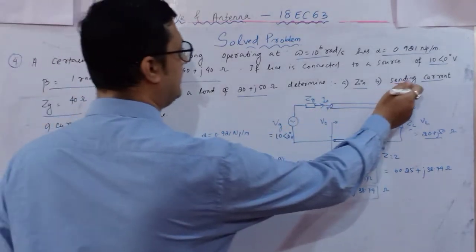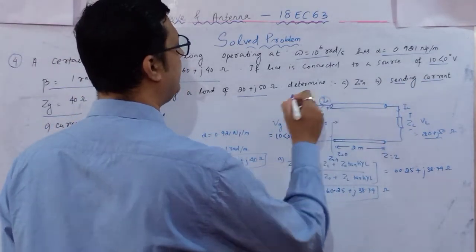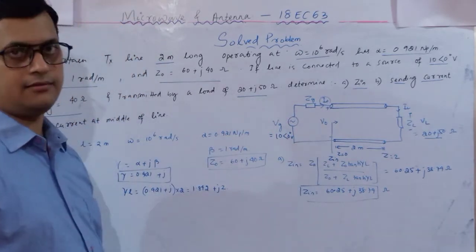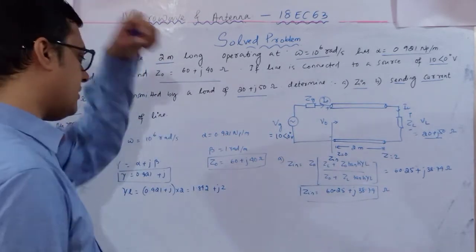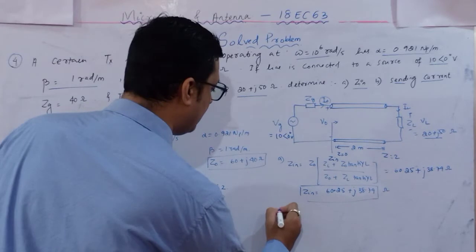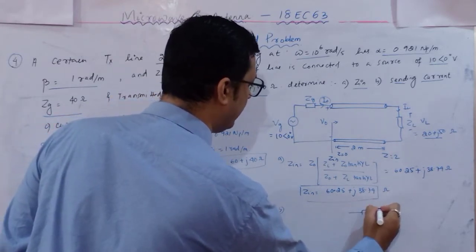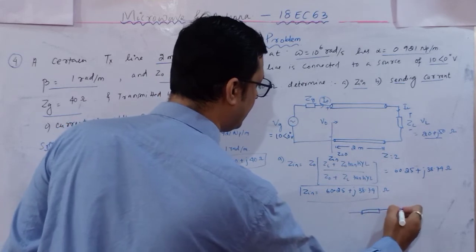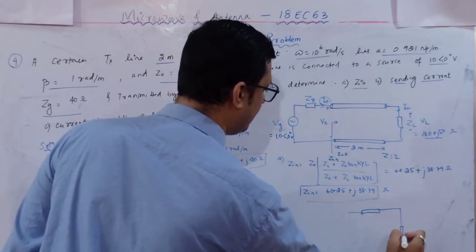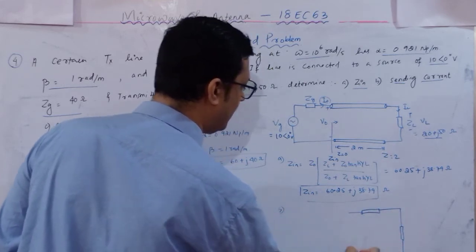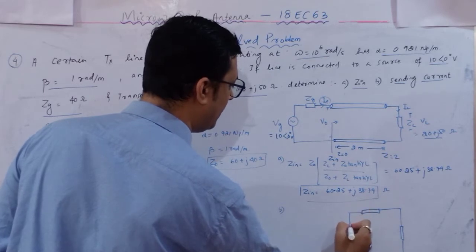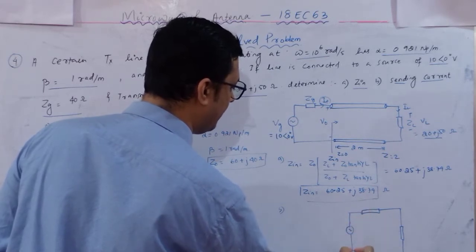Next one is the sending current. Sending current means I0 we have to calculate. How to identify this I0? Let's see. For that I am using a figure which we have discussed earlier, how we are determining the input current I0.